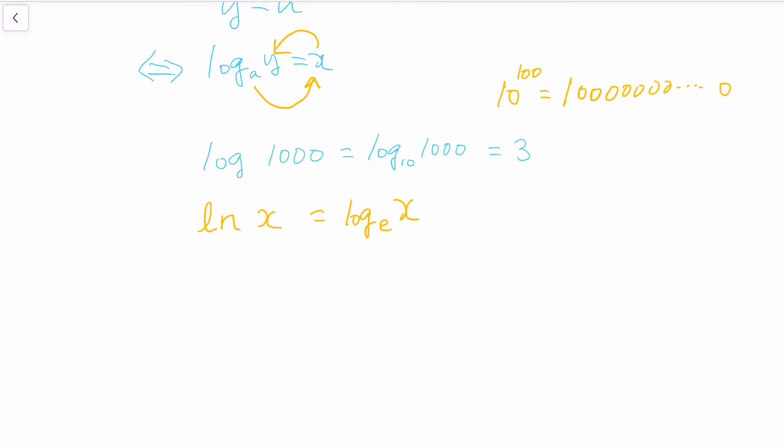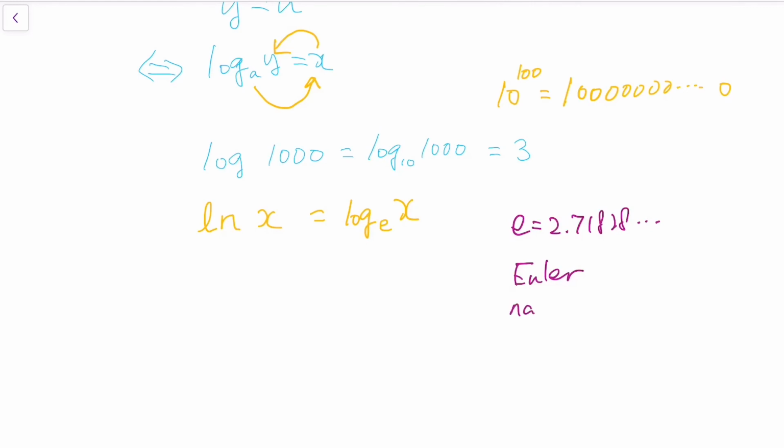E is a special number. Its value is roughly 2.7. Okay, it's 2.71828, blah, blah, blah. It's kind of like pi. It's non-recurring, non-terminating, so it's basically an irrational number. You cannot write out all the digits. So that's why, like pi, we use a letter to represent it. It's called e because of Euler, one of the greatest mathematicians of all time.